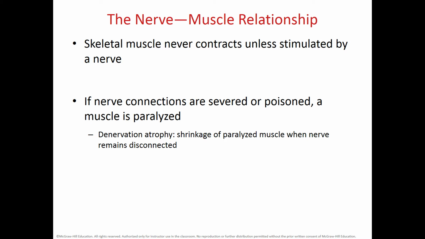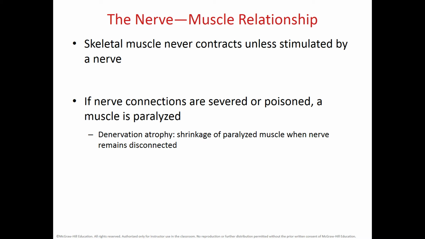So there is this connection. It's not a physical connection, it's a chemical connection between the muscle fibers and the nerves that is called a synapse. And this synapse has a gap that is called the synaptic gap.